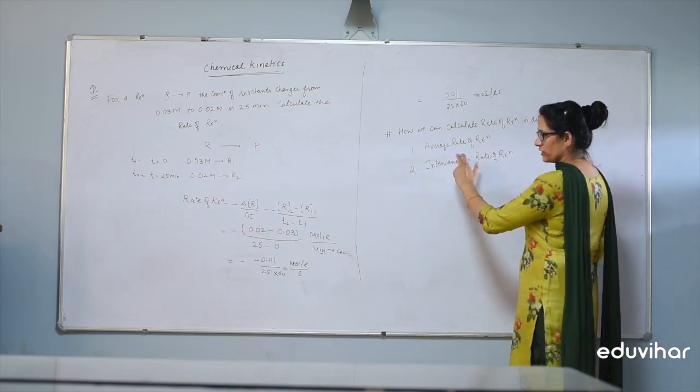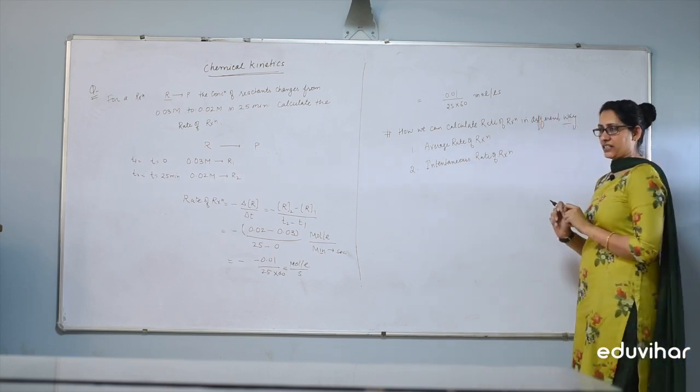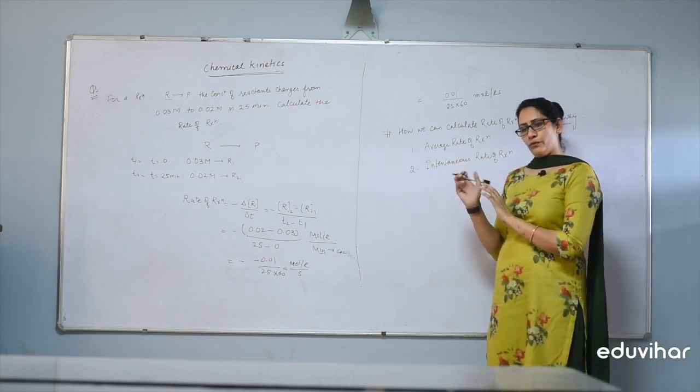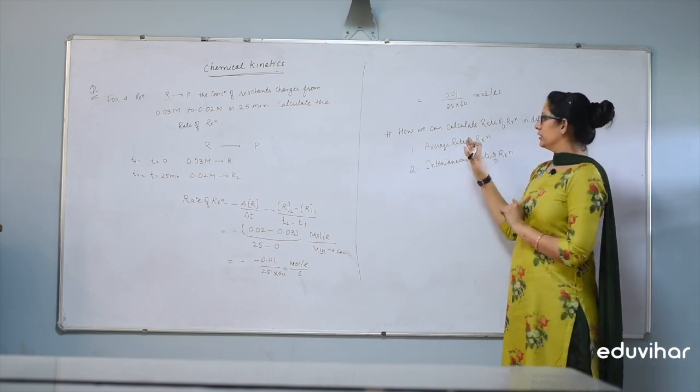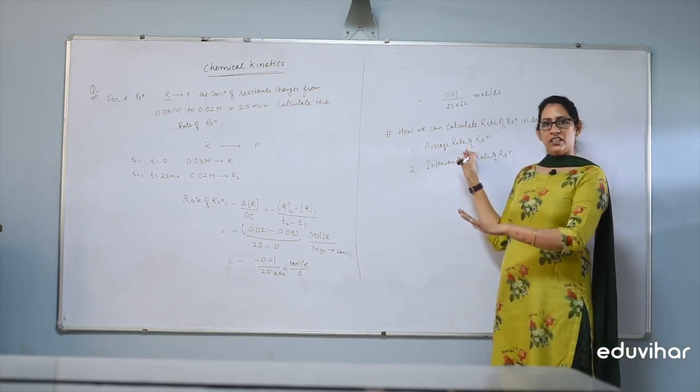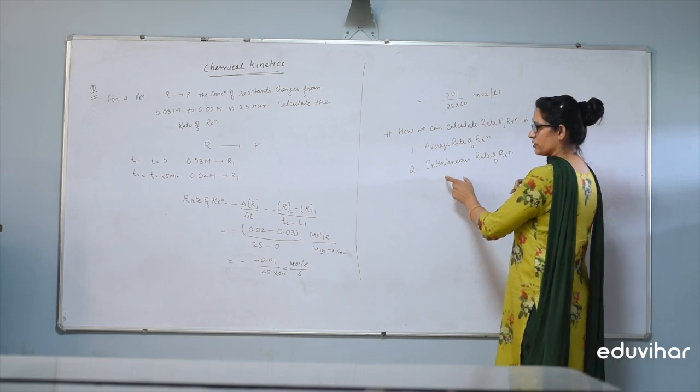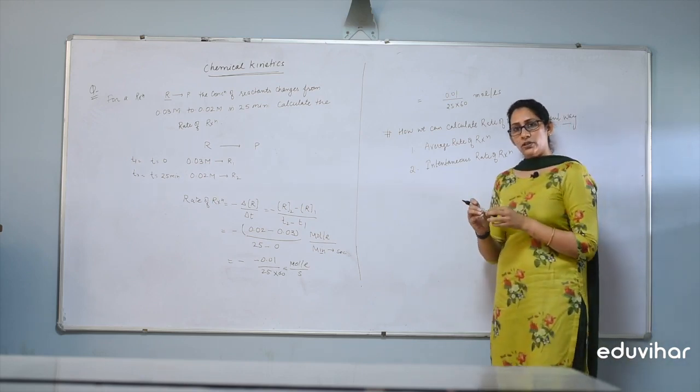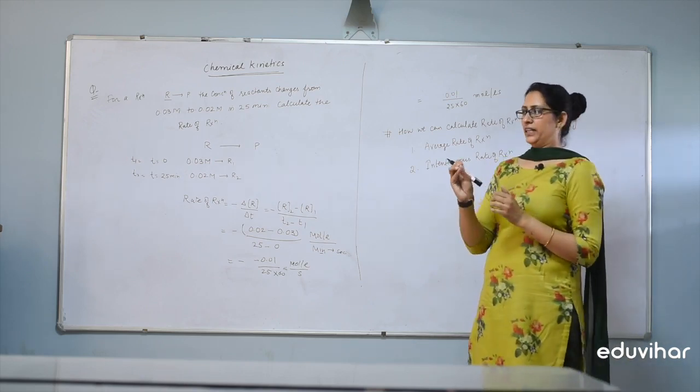First is average rate of reaction, and second is instantaneous rate of reaction. We have two ways to calculate the rate of reaction. Average means we take the total change in concentration divided by the total time taken, and instantaneous rate of reaction is to calculate the rate of reaction for a small interval.